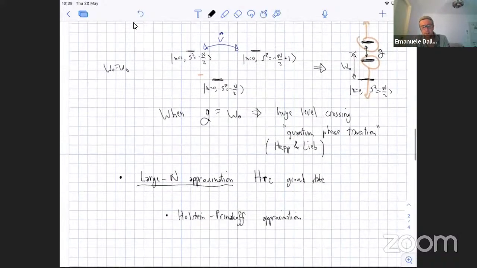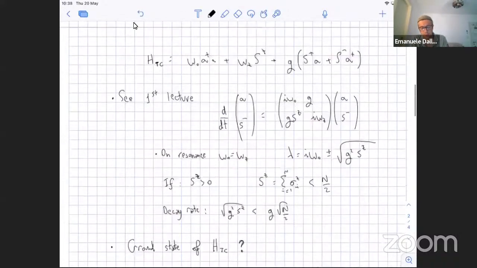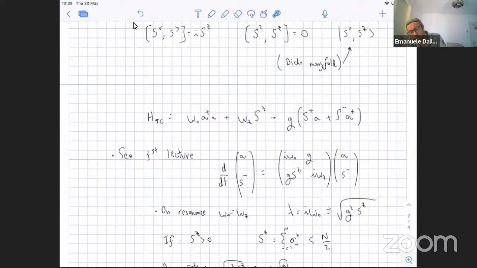Let me explain in words first what the problem is. What we know how to solve is harmonic oscillators. The only quantum mechanical problem we really know how to solve, at least in class on the board, is the harmonic oscillator, or maybe two coupled harmonic oscillators. That's something we can do. The problem is that here you don't have only harmonic oscillators.